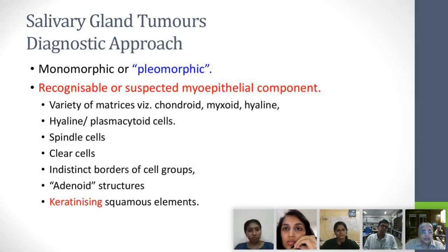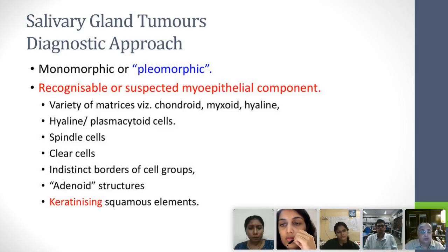And what is that? A variety of matrices: chondroid, myxoid, hyaline, plasmacytoid or hyaline type cells, spindle cells, clear cells, adenoid structures. They are not glands. They are adenoid. What is in the center of that is actually stroma, which has either hyalinized or is full of some kind of bluish myxoid material.